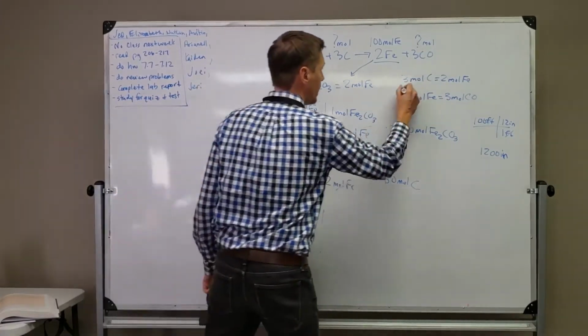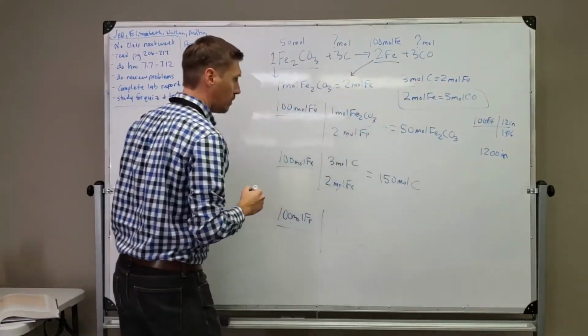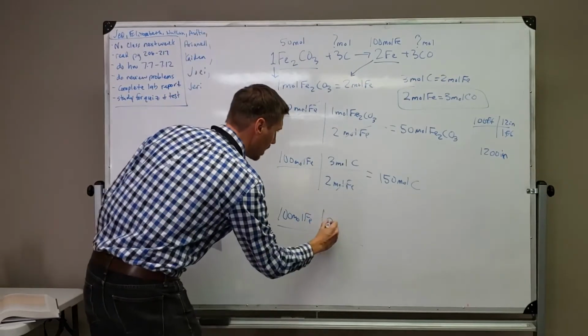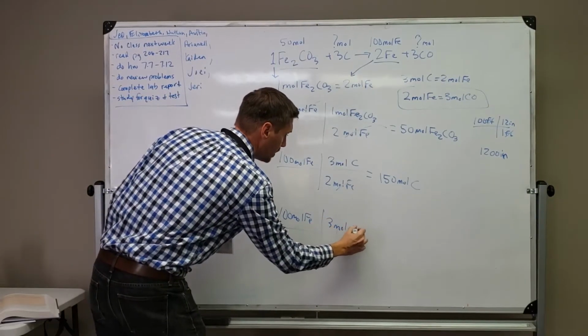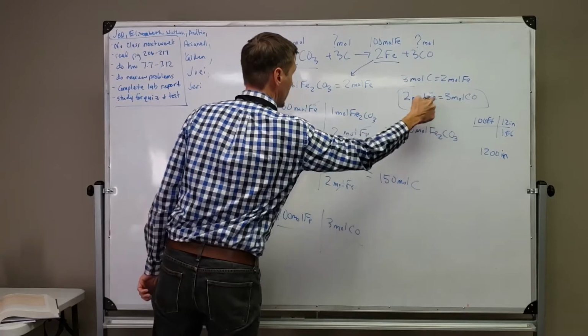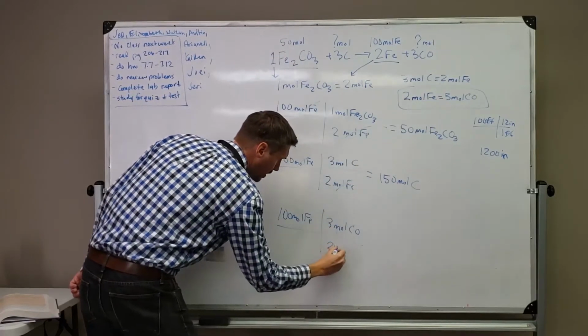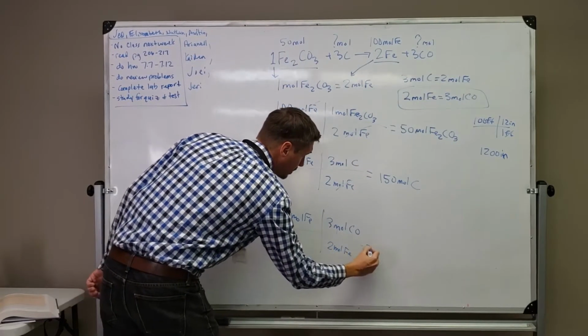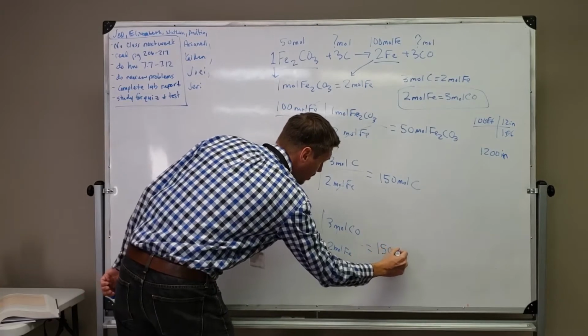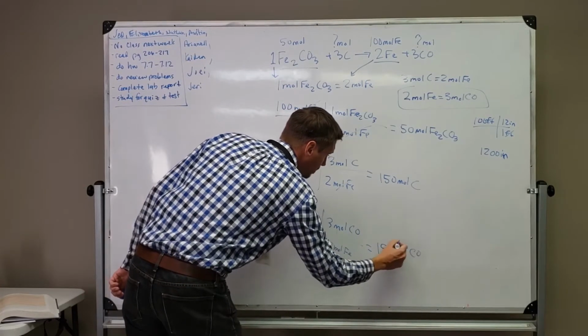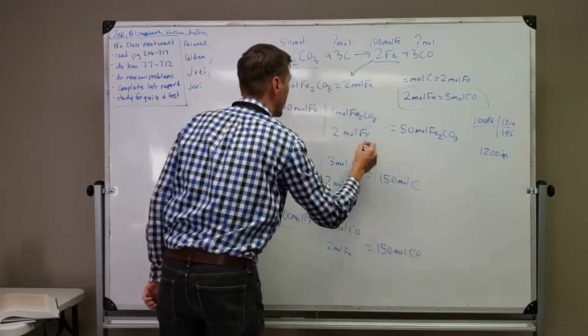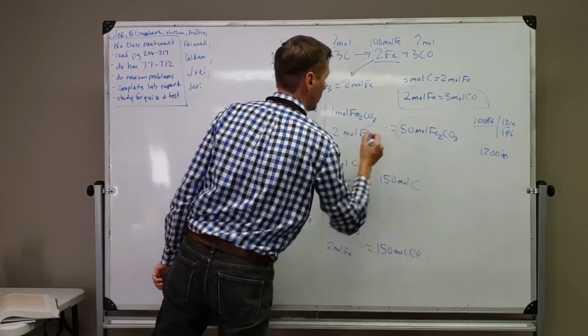Based on this, we put moles of CO on top, because that's what we want to end up with. We put moles of Fe on the bottom, and so our final answer is 150 moles of CO. That's our 3 answers: that, and that.